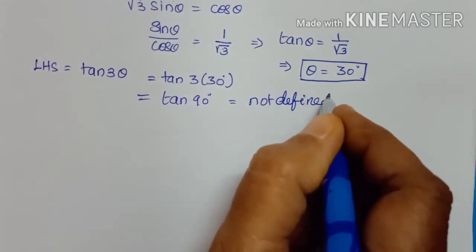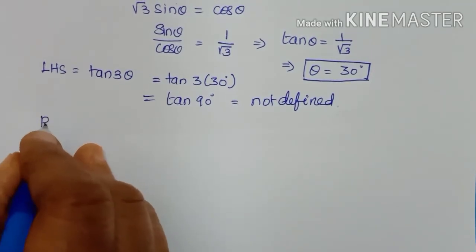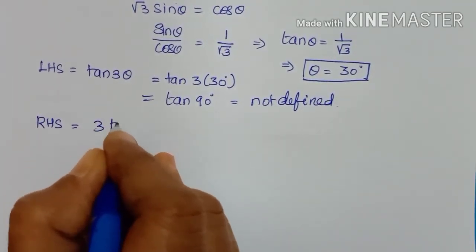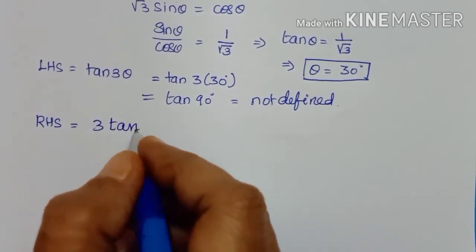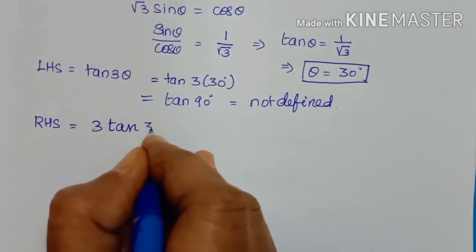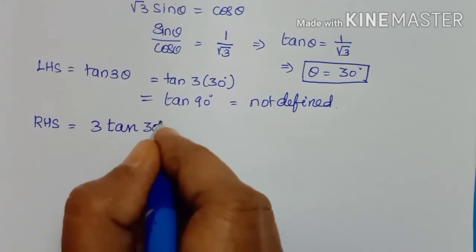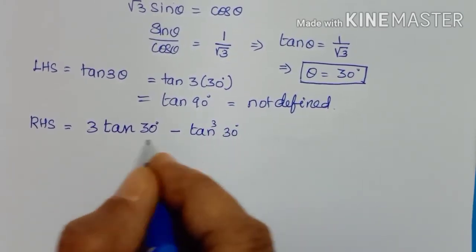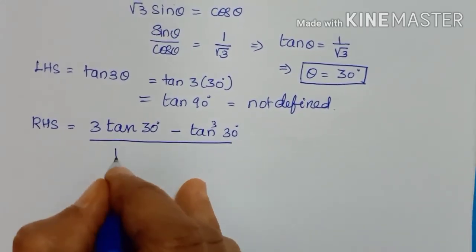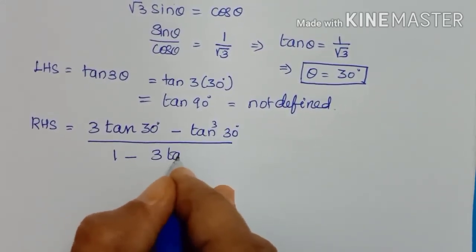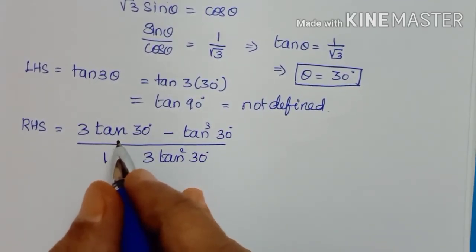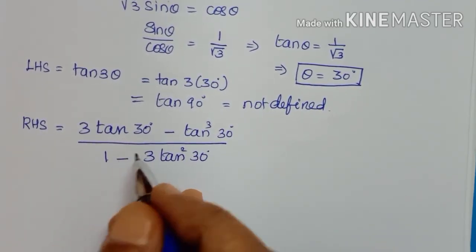Now we are going to take the RHS value. RHS is equal to 3 into tan theta minus tan cube theta by 1 minus 3 tan squared theta. I will replace theta with 30 degrees. 3 into tan 30 degrees minus tan cube 30 degrees by 1 minus 3 into tan squared 30 degrees. Now we know the value of tan 30 is 1 by root 3. Replace and simplify.